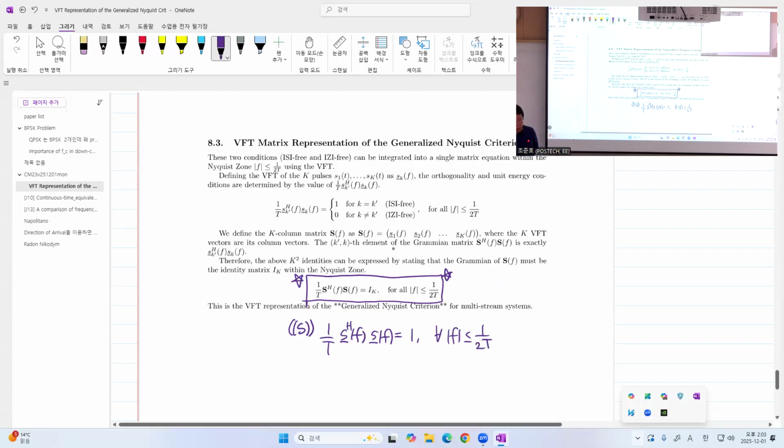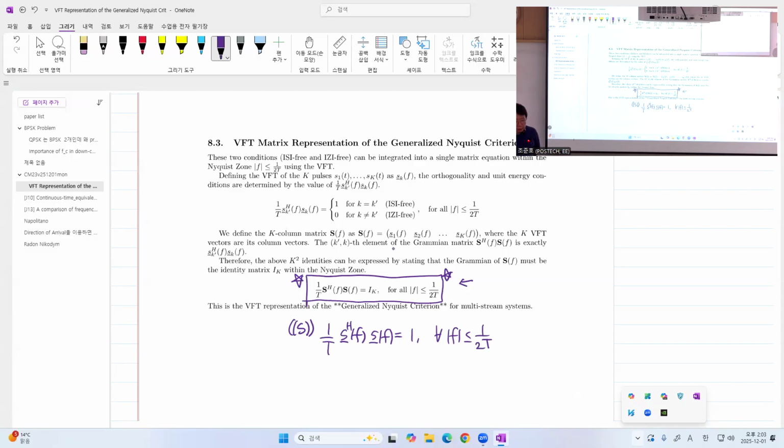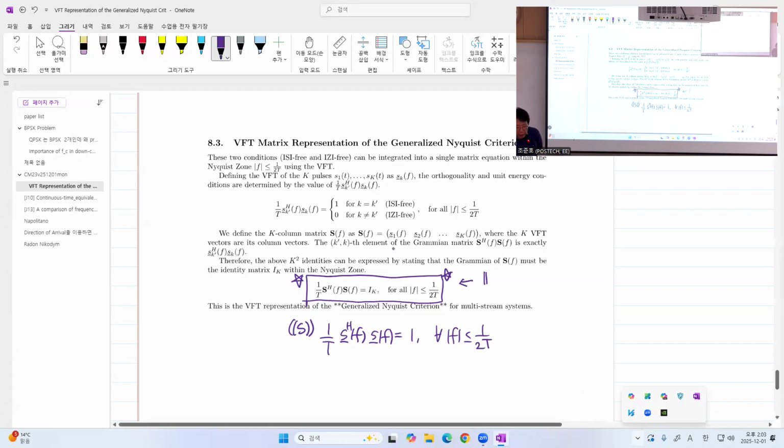So here in the generalized Nyquist criterion, rewritten in terms of the vectorized Fourier transforms of the pulses, has capital K streams, while here capital K equals 1.